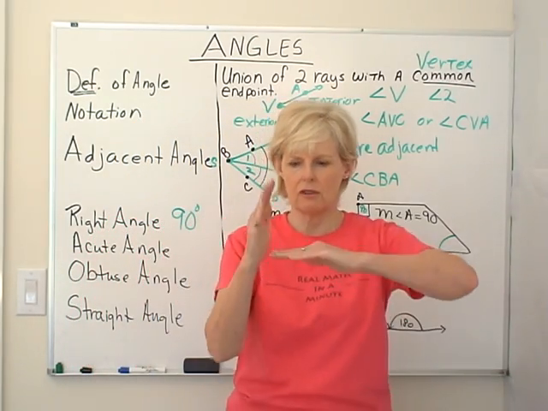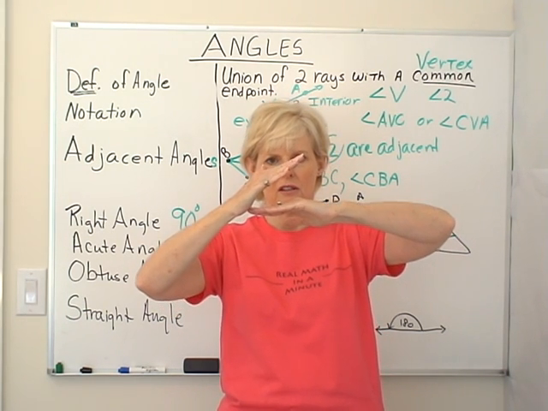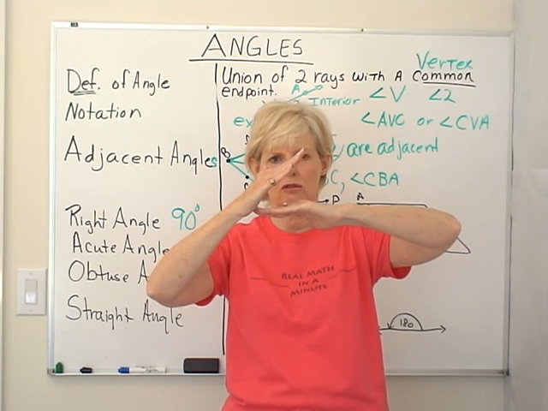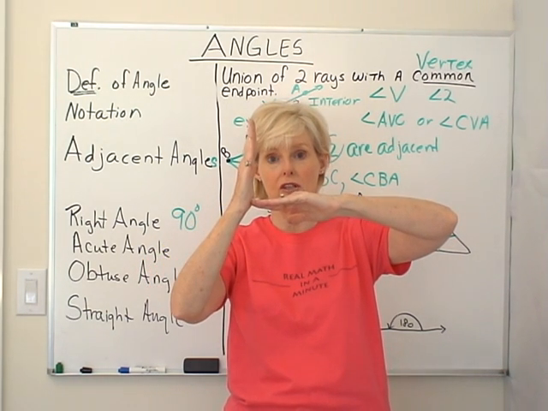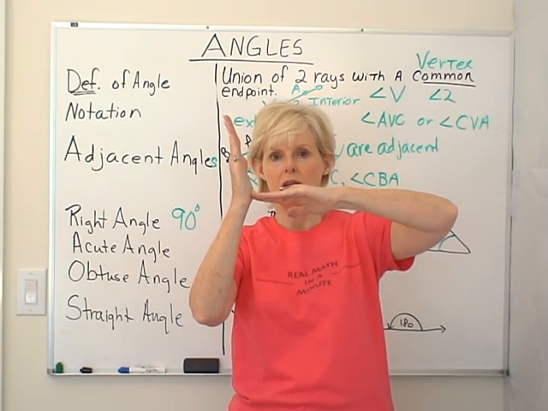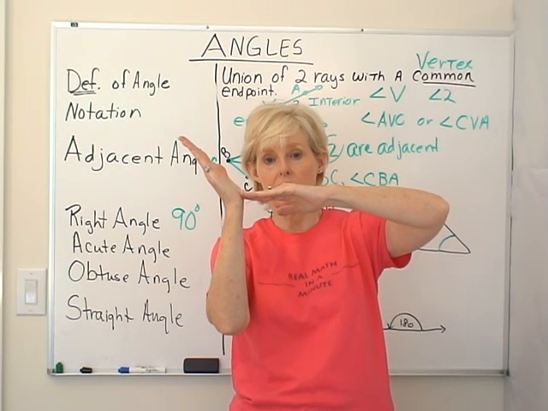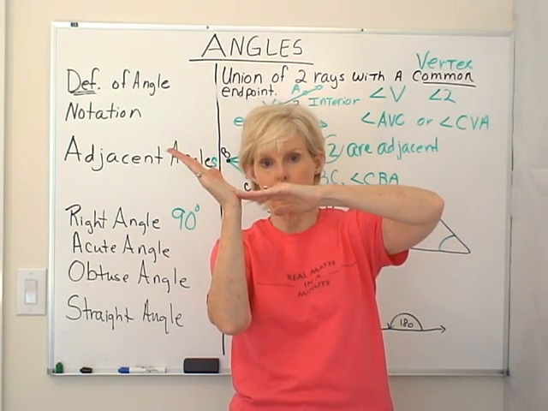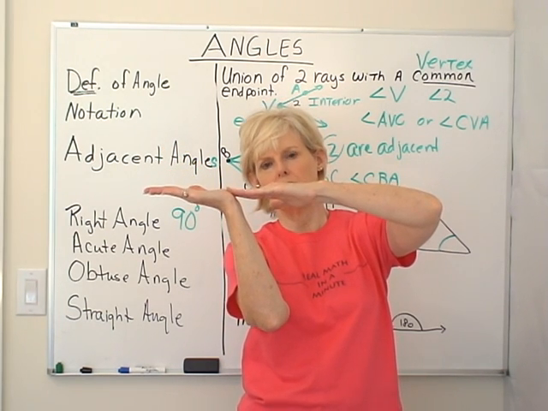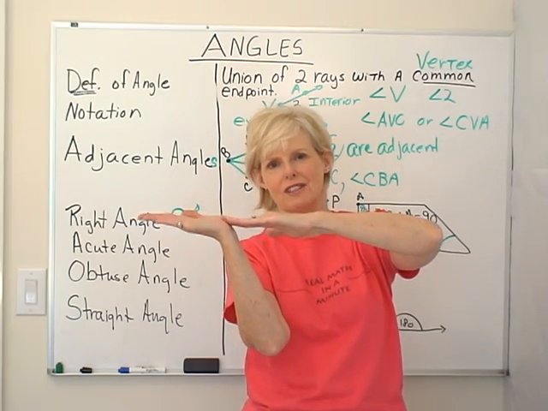So if 90 is here, and less than 90 over in here, less than 90 is your acute angle. 90 degrees, right angle. Now what's this? Bigger than 90, obtuse, all of that, obtuse until it flattens out completely. And then we're at a straight angle, 180 degrees.